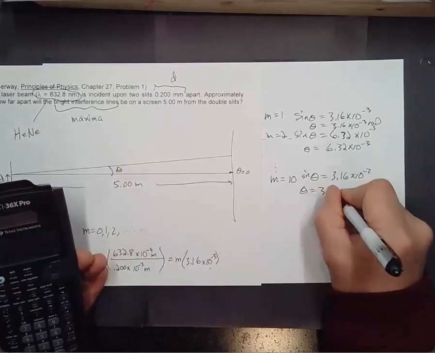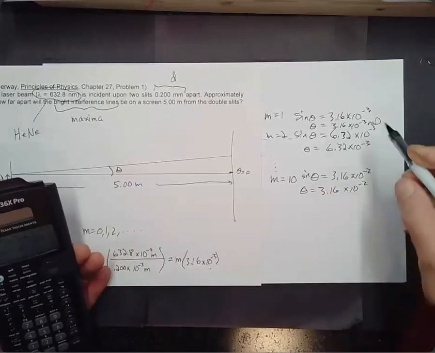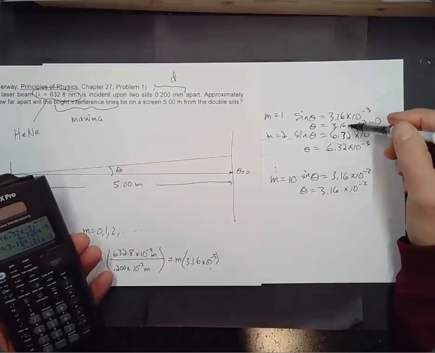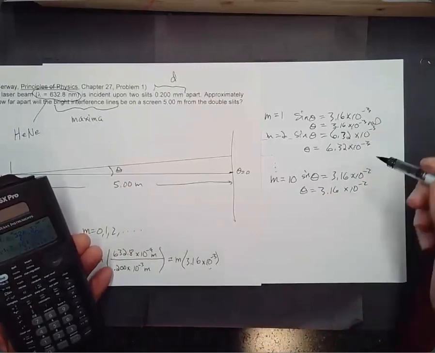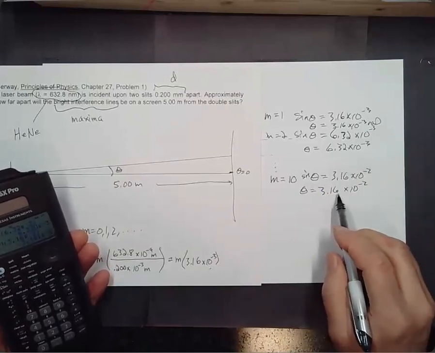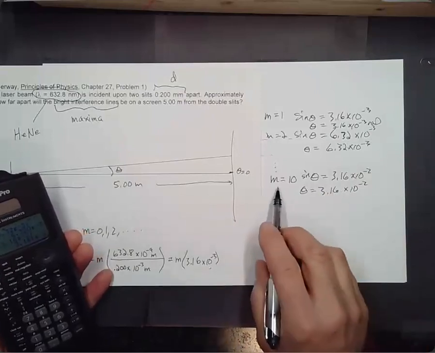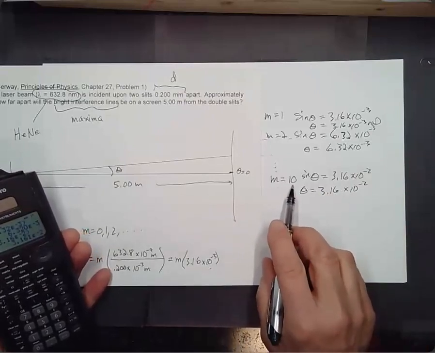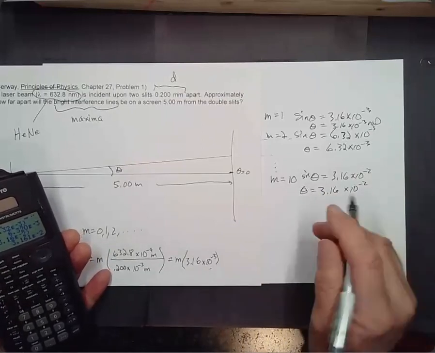I get 3.16 times 10 to the minus 2. Actually, on all of these, it was 3.160 or 6.320. On this one, I finally get 3.161, but I don't have that many significant figures. So even with an m value of 10, it makes no difference.